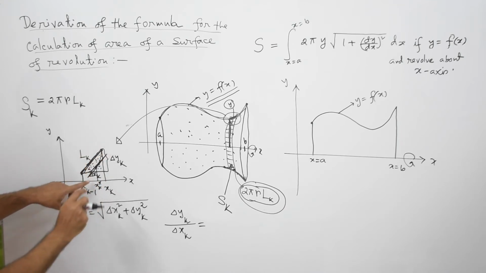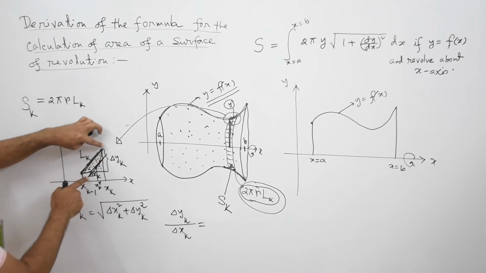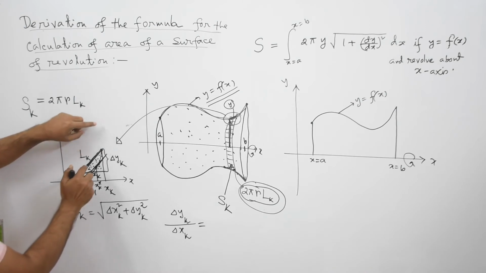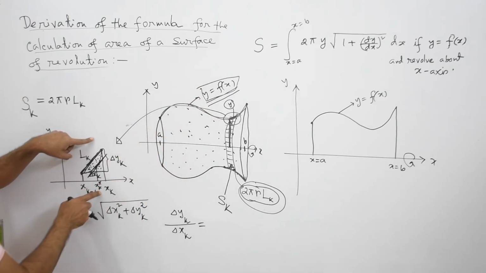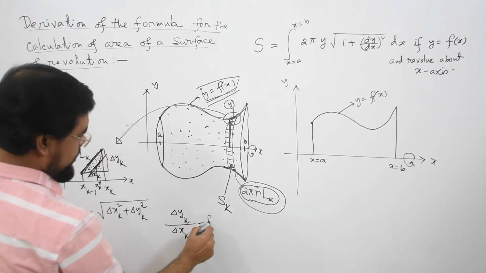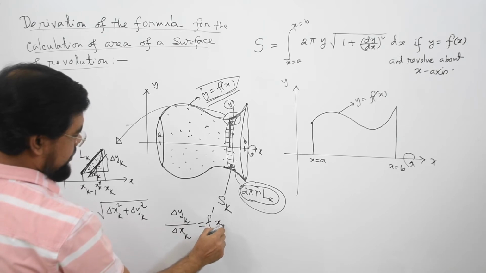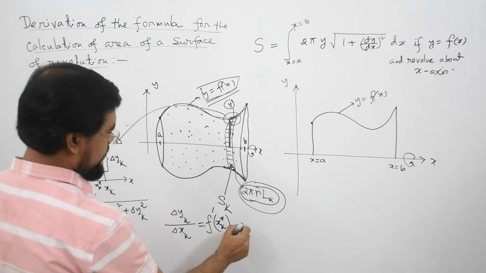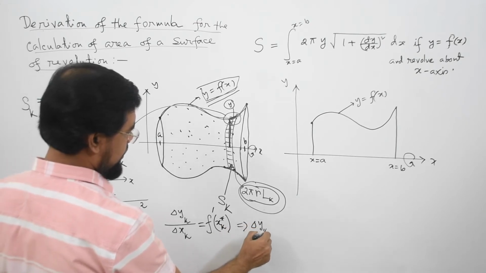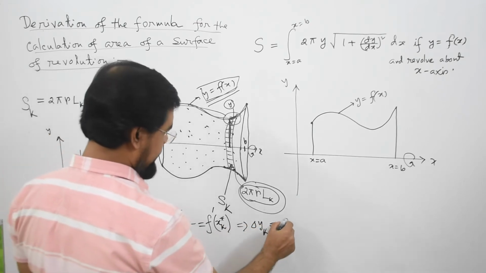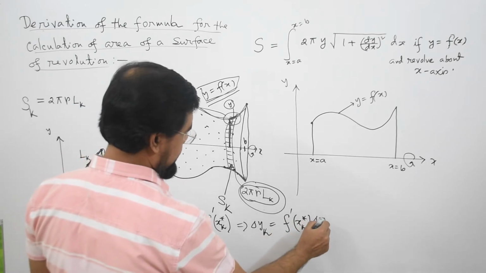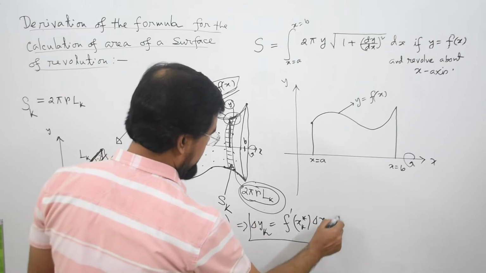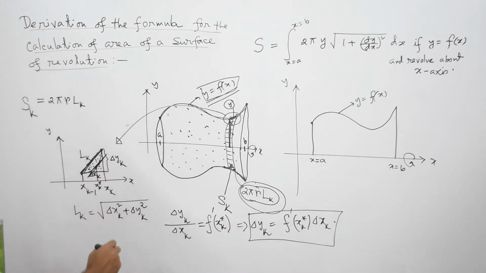And the slope of this tangent line is nothing but the derivative of this curve at xk star, which is derivative of f(x) at xk star. So from here we can write delta yk is equal to f prime of xk star delta xk.